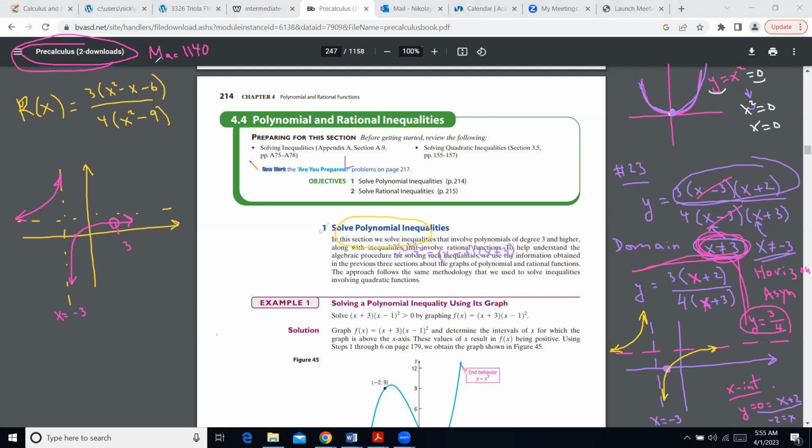In fact, Mac 1140, the next class after college algebra, is what I'm going to teach over the summer semester. And I would highly recommend you sign up for that class, because I'm going to use exactly the same book.